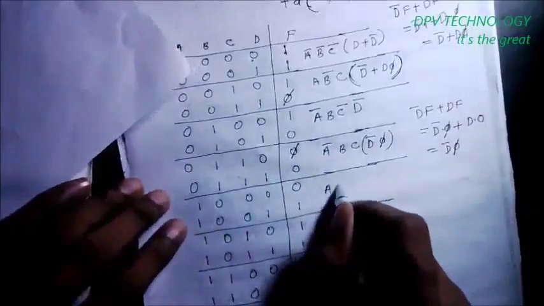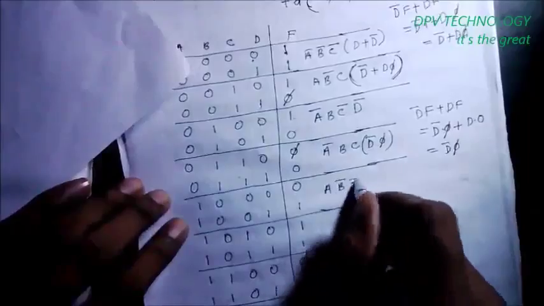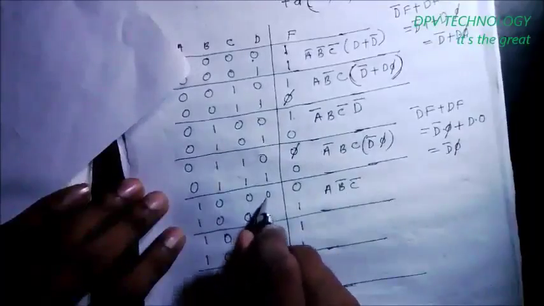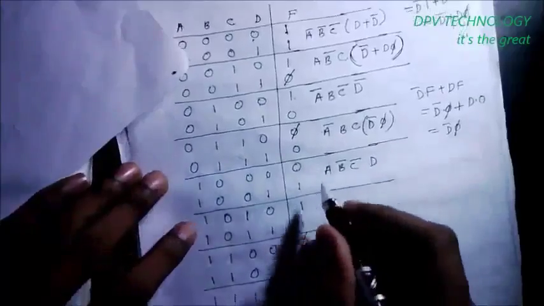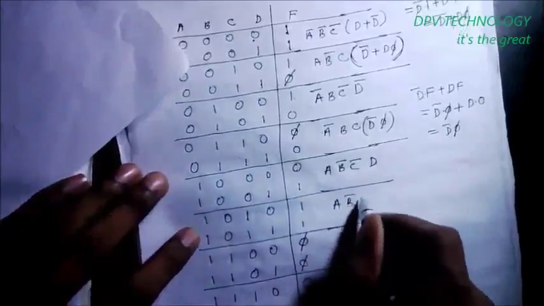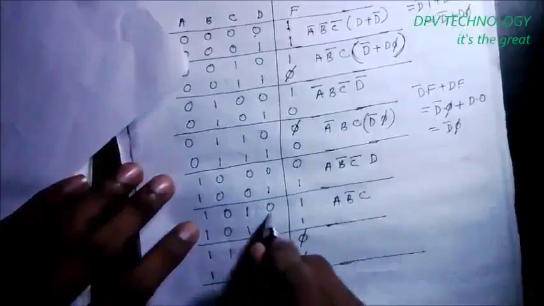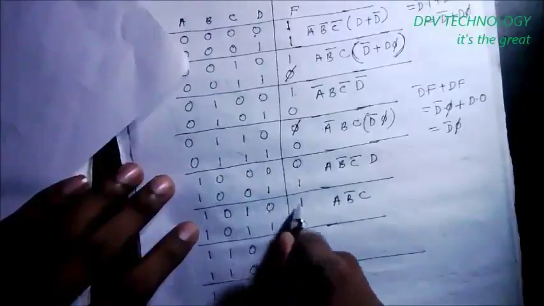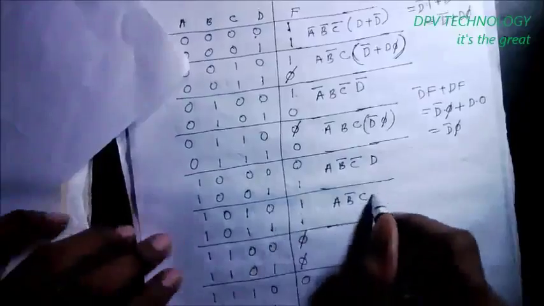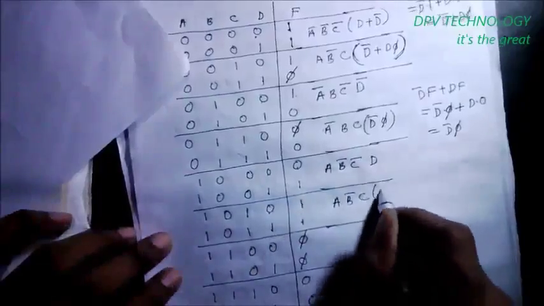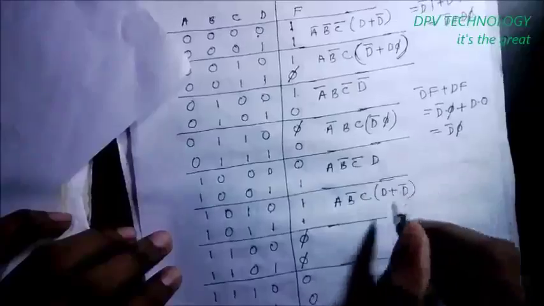Now come to here A, B bar, C bar. Here when D is 0, F is 0, when D is 1, F is 1, so it depends on D directly. Then A, B bar, C. When D is 0, F is 1, D is 1, F is also 1. In both cases F is 1. So directly put 1. Instead of 1, you have to write D or D bar.